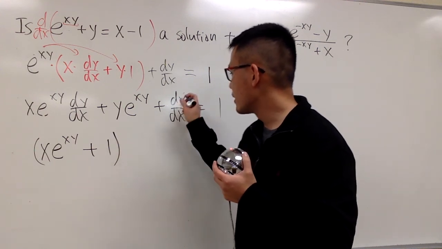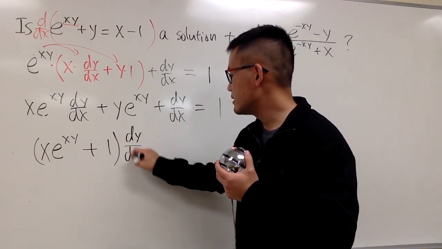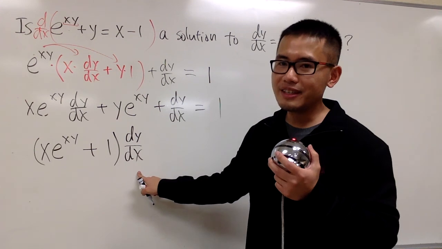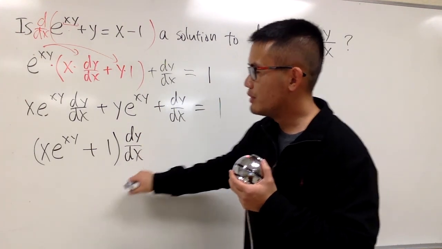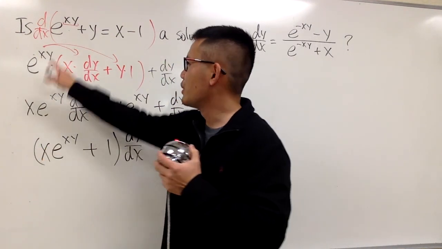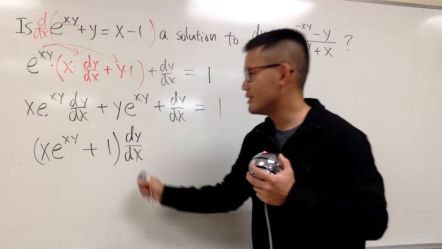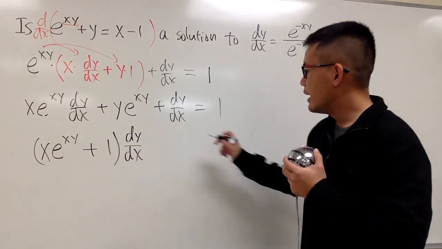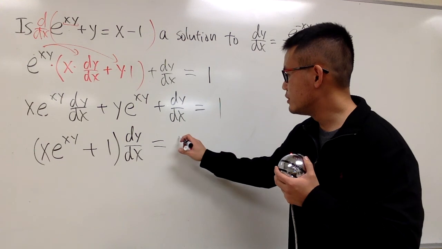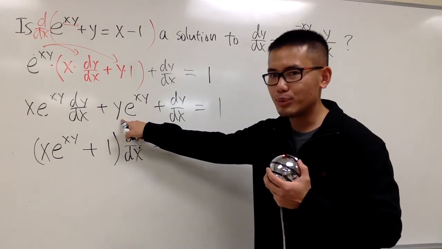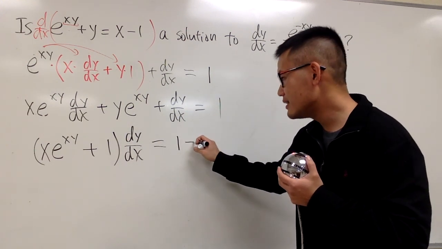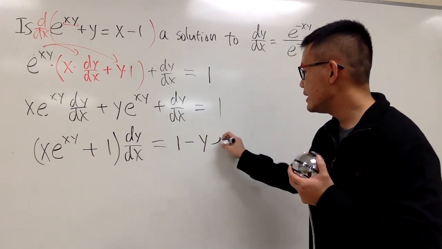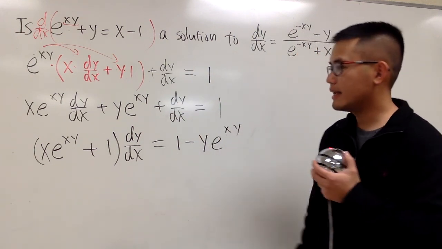And I will put down the dy/dx at the end. Once again, write it down at the end. If you put it in the front, it seems like you have to differentiate again, right? So don't do that. This, I think, is more clear. Anyways, this is equal to, the 1 is still on the right-hand side, and I'm going to bring this to the right-hand side as well, so it becomes minus y e to the xy.